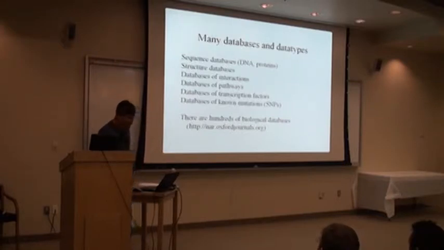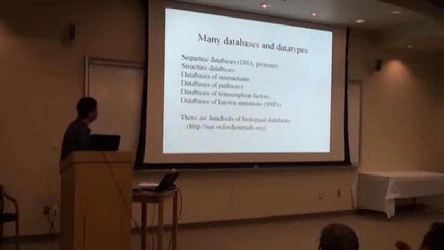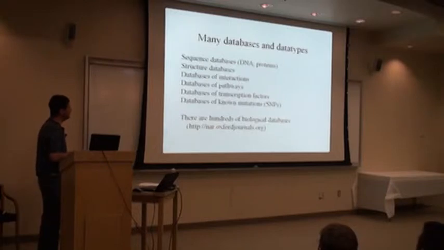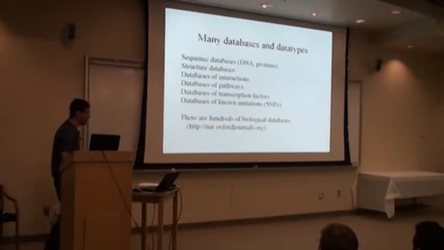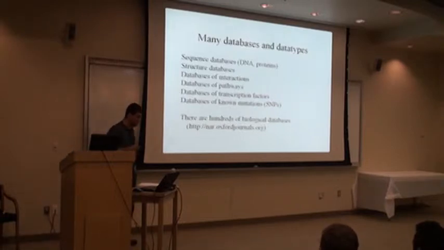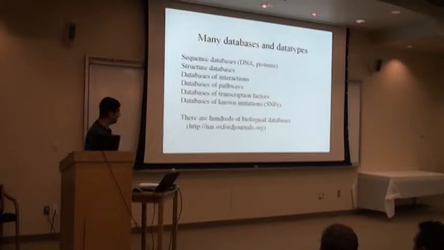We have databases that store information about protein structures, databases of protein-protein interactions and other interactions, databases of pathways, and so on and so forth. As I said, there's already a lot of information that was gathered about all those different entities, and this is just a short list of the hundreds of biological databases.